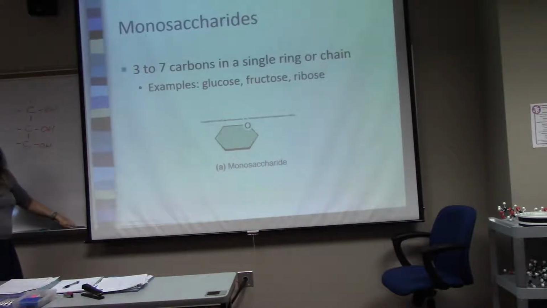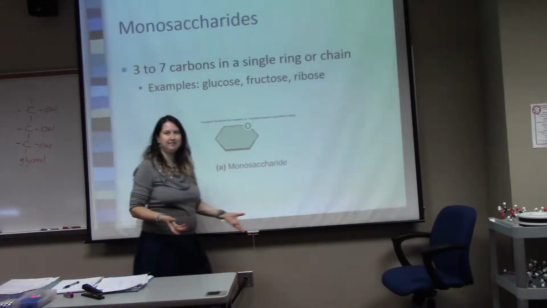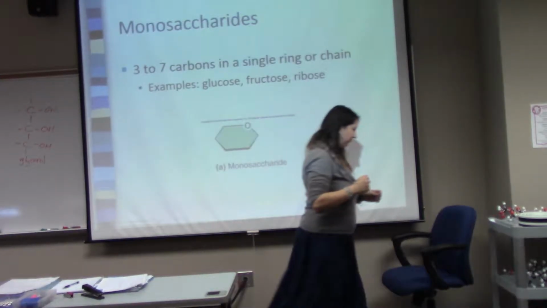Because of the way their electron shells are starting off, hydrogen can only make 1 bond. Oxygen makes 2, carbon makes 4. This is called glycerol. And it's too small to wrap up into a ring. But 5, 6, and 7 almost always wrap up into a ring.